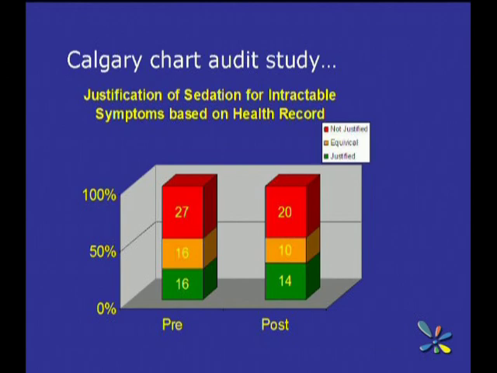We looked at situations in which there was clear justification for the use of palliative sedation, and we found that in a significant portion, probably over half, we couldn't find evidence in the chart that their symptoms were in fact intractable, that there were other things that could easily have been entertained.